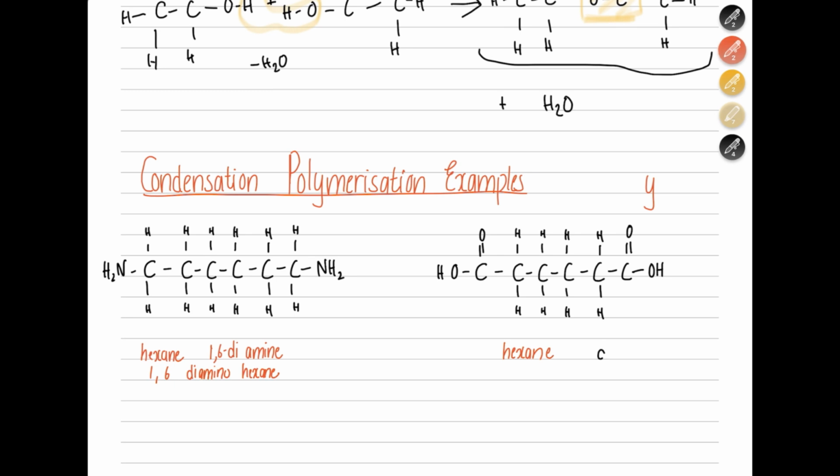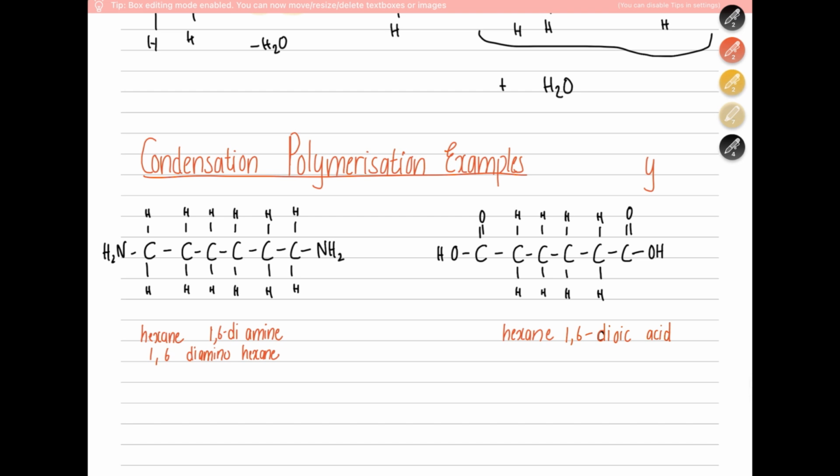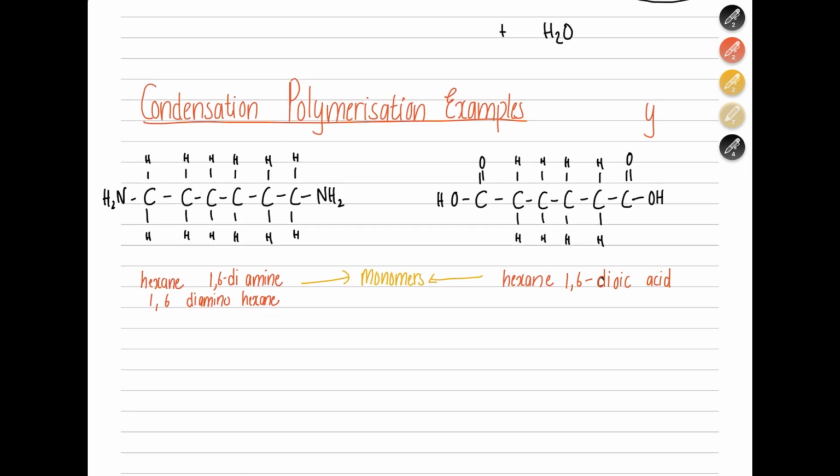Again, the carboxylic acid group is on the first and the sixth carbon, so we say hexane-1,6-dioic acid. So these two are the monomers which will form our polymer.